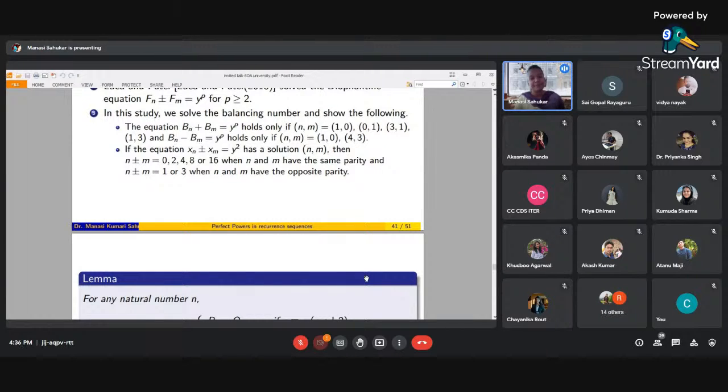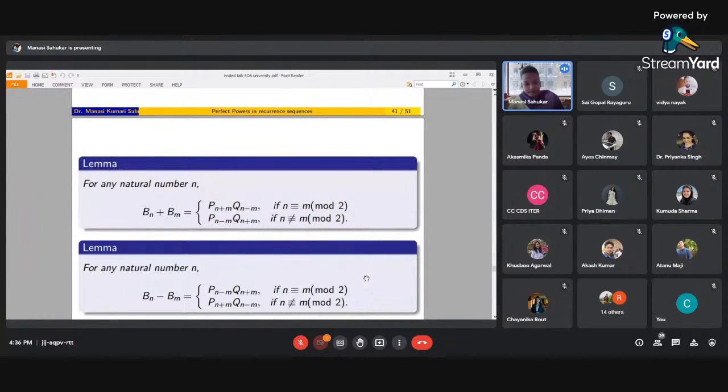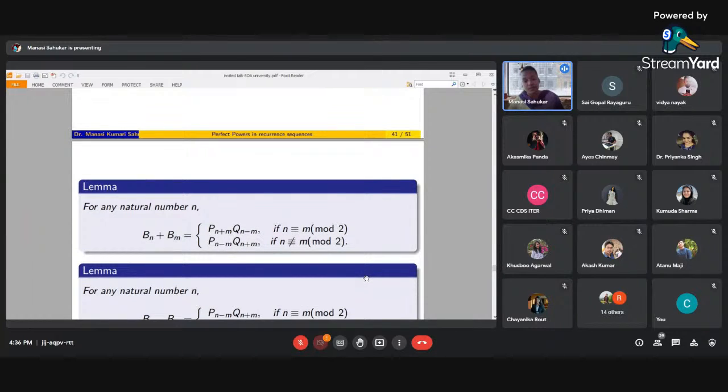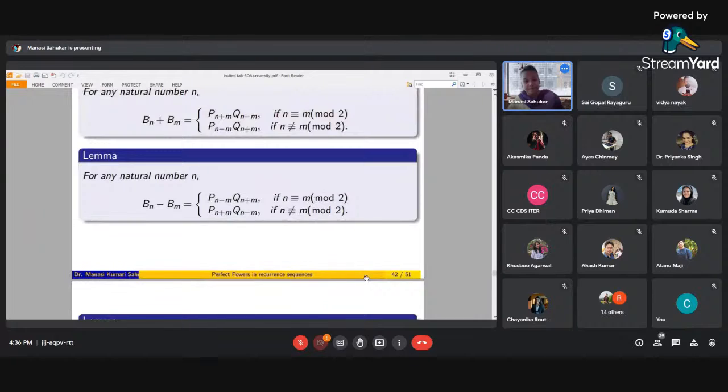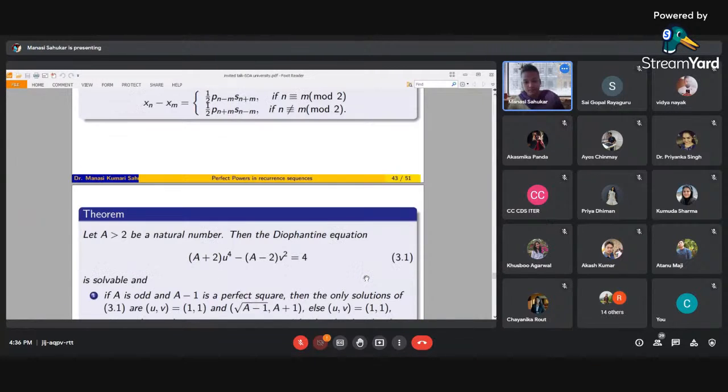And if they have the same parity, meaning both are even or both are odd, the only possible n plus m or n minus m will be 0, 2, 4, 8, 16. There also we have tried to find some factorization, and by using this factorization, we have proved that statement.